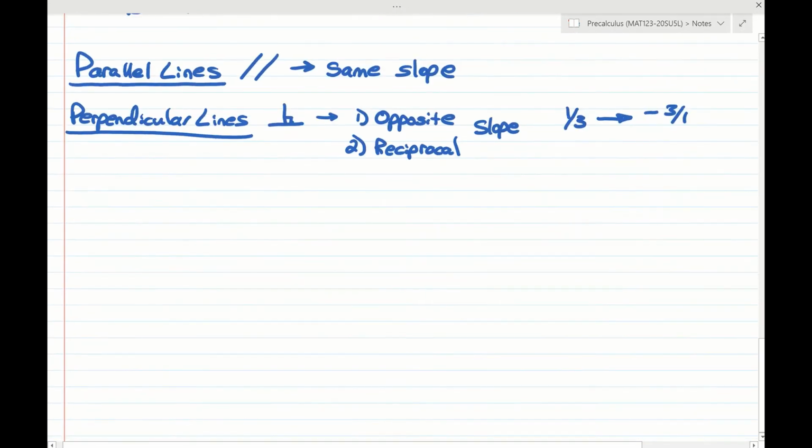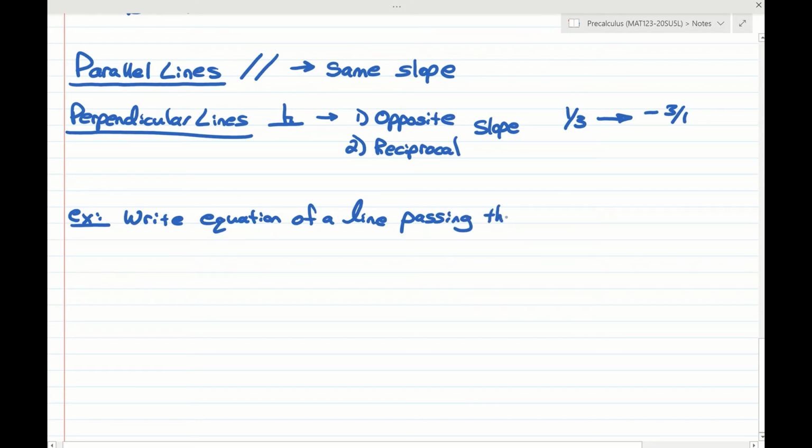So now let's do a problem like this. Let's say we're going to write the equation of a line passing through (3, 5), and we'll do two parts.